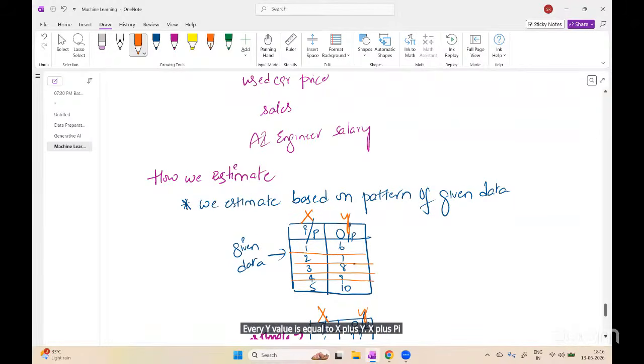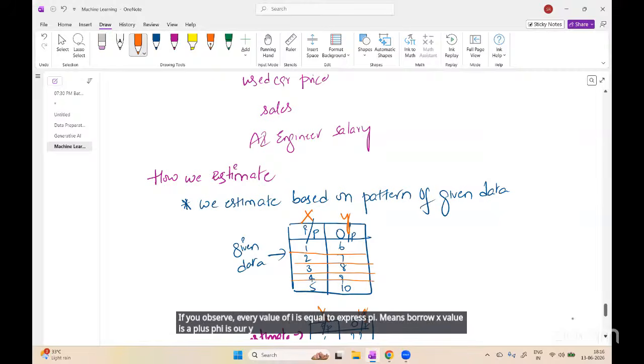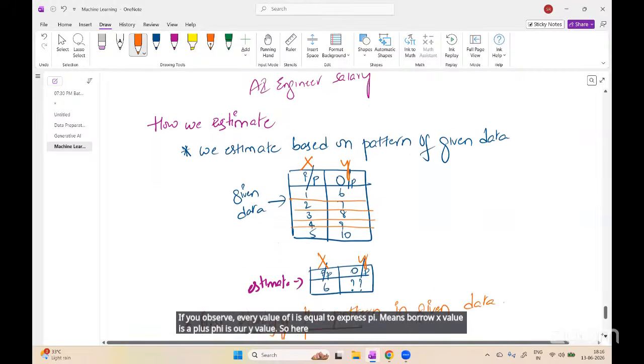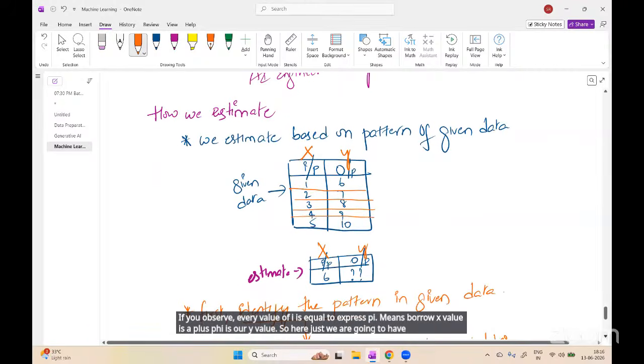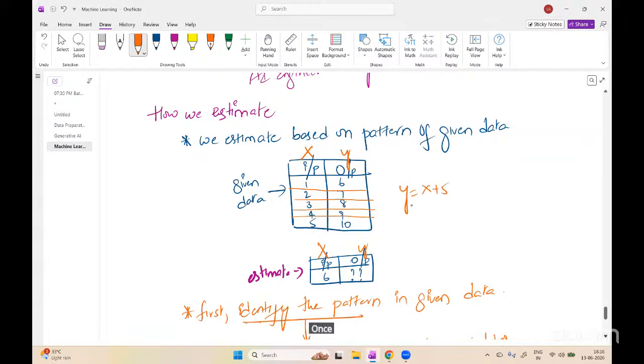If you observe, every value of Y is equal to X plus 5. Means the X values plus 5 is our Y value. So Y is equal to X plus 5 is the relation we have identified.